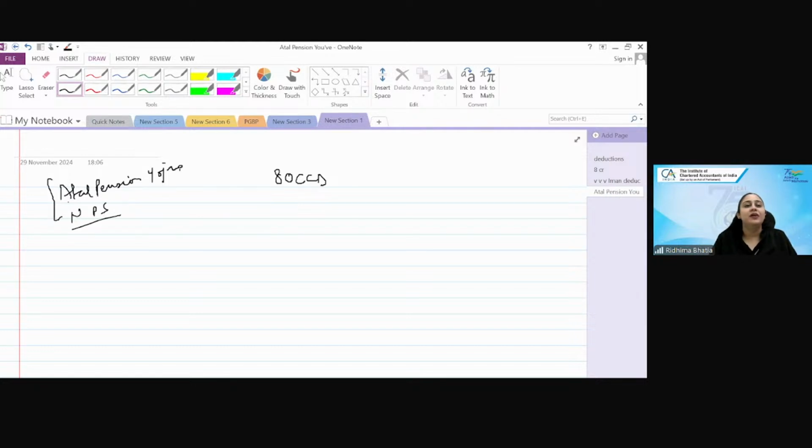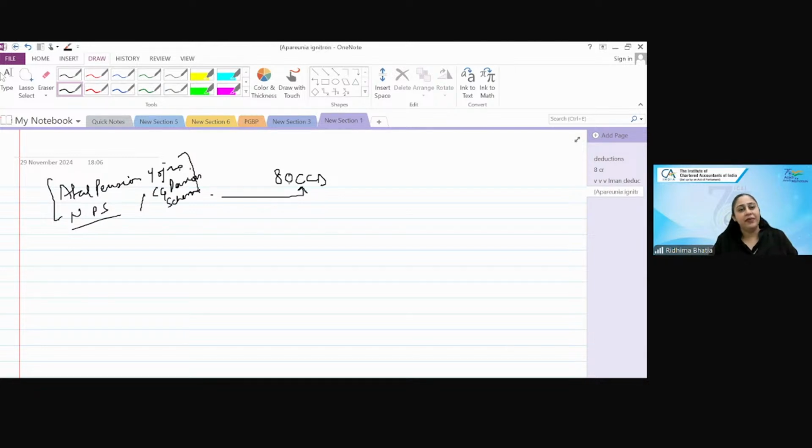So if the question says Atal Pension Yojana, do not worry about which section has to be applied. Whenever you're making a contribution to Atal Pension Yojana or NPS or any Central Government pension scheme basically, then it is eligible for deduction under 80CCD.